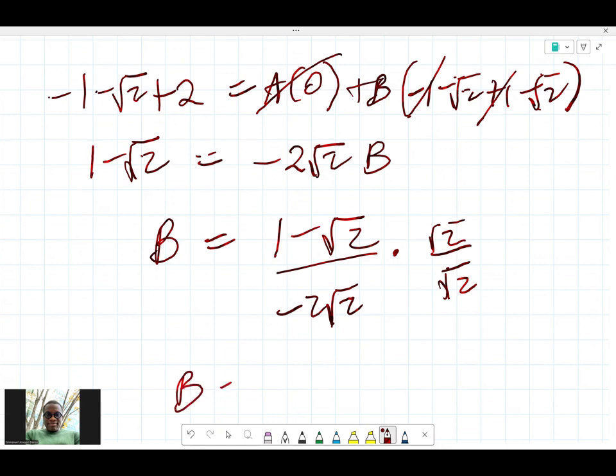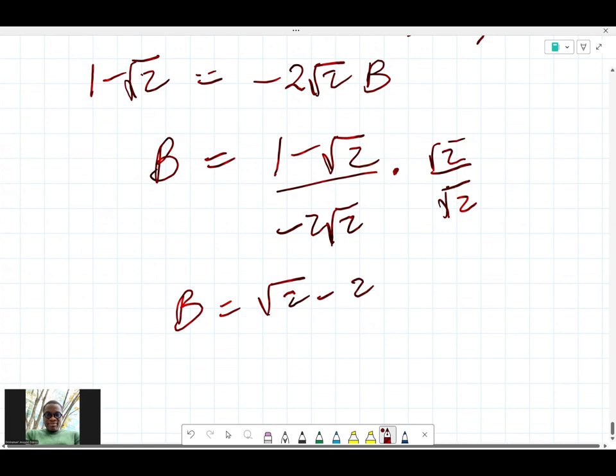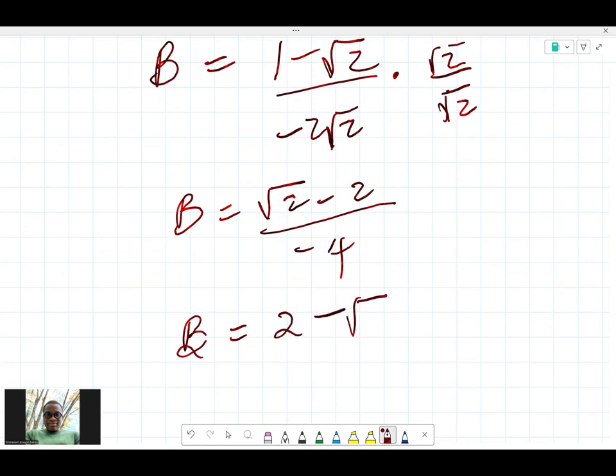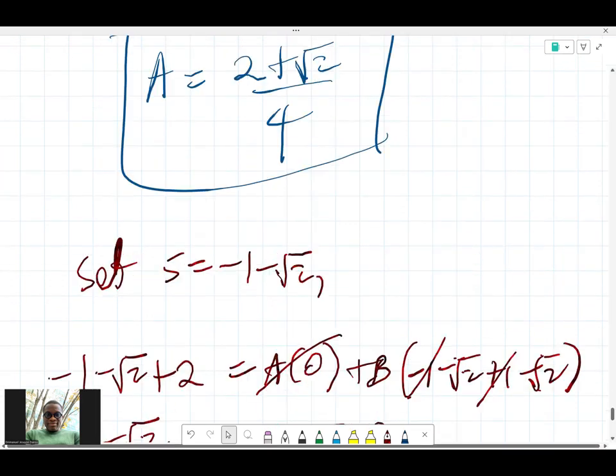So B is equal to (root 2 minus 2), since root 2 times 1 is root 2 and root 2 times root 2 is root 4, which is 2, all over minus 2 times 2, that's minus 4 in short. Because of the minus, we can have B as (2 minus root 2) all over 4. And that's all we can have for that.